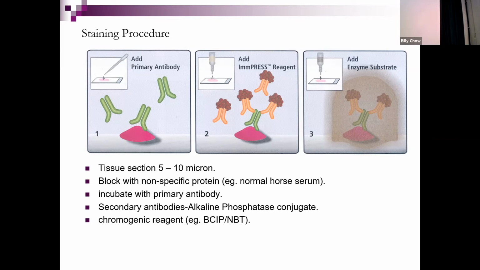And then you can use the antibodies that you generate to detect the presence of a protein in these sections. Okay, so you have the section and the primary antibody that you generate. Afterwards, remember there's an FC region. The FC region is the same for all the antibodies being generated.